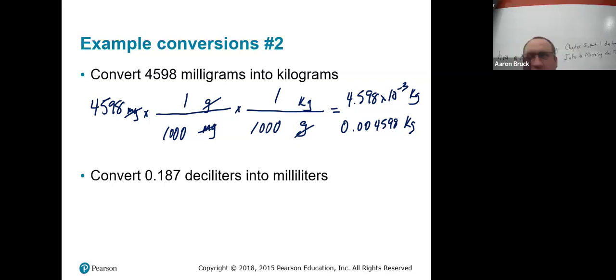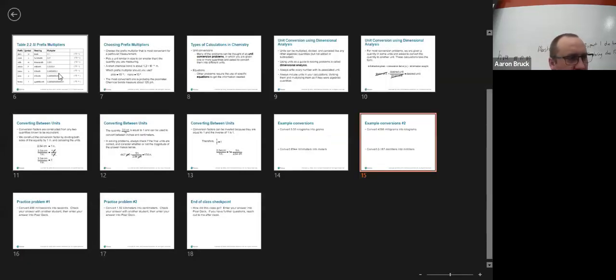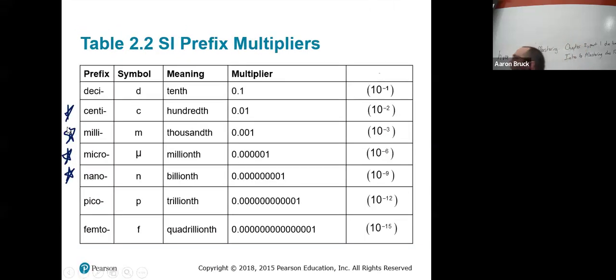All right, let's look at one last one here. 0.187 deciliters into milliliters. Now again, if I go to my metric chart here, I don't have a direct relationship with milli.